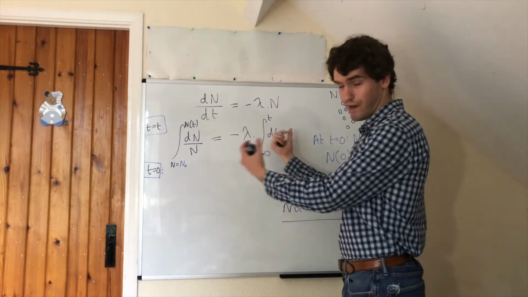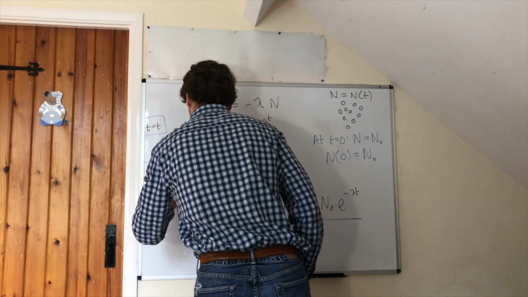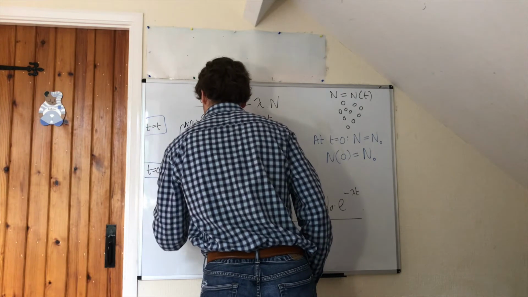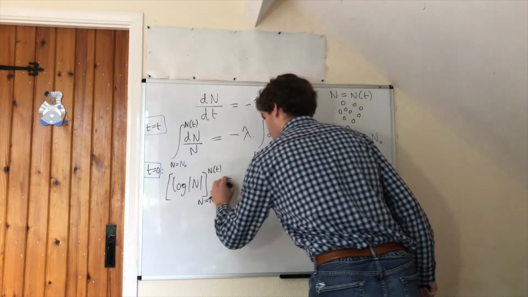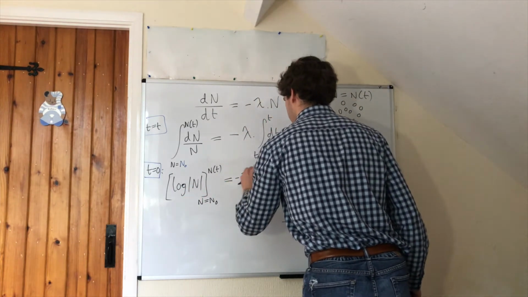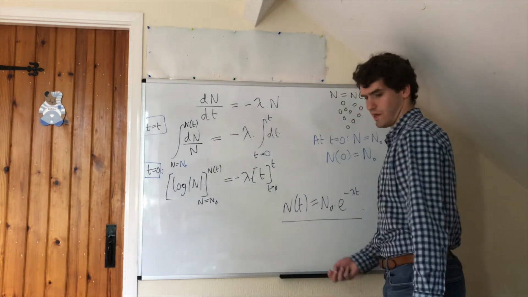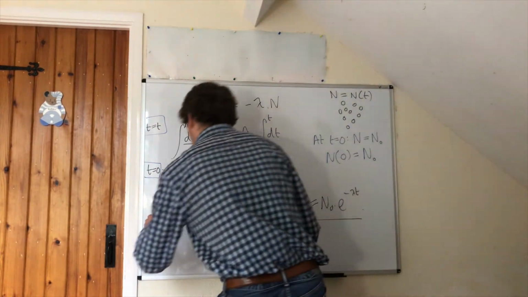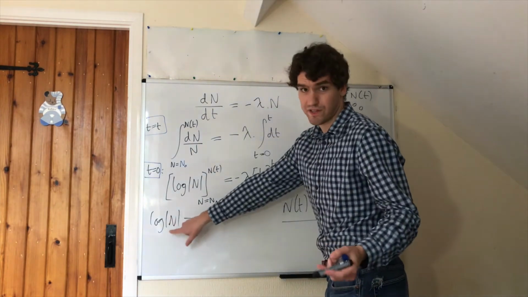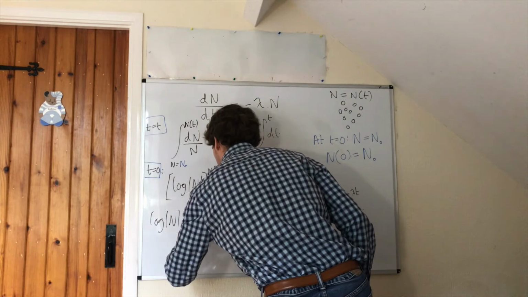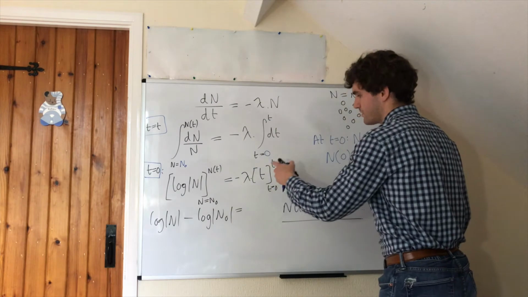Okay, so now we can evaluate these indefinite integrals, and we get log mod of n, where n goes from n naught to n of t, is equal to minus lambda t between t equals 0 and t. Now we can evaluate these, so we get log mod n, I'm just dropping the function notation there, we know that that's n of t, minus log of modulus of n naught is equal to minus lambda t minus 0.